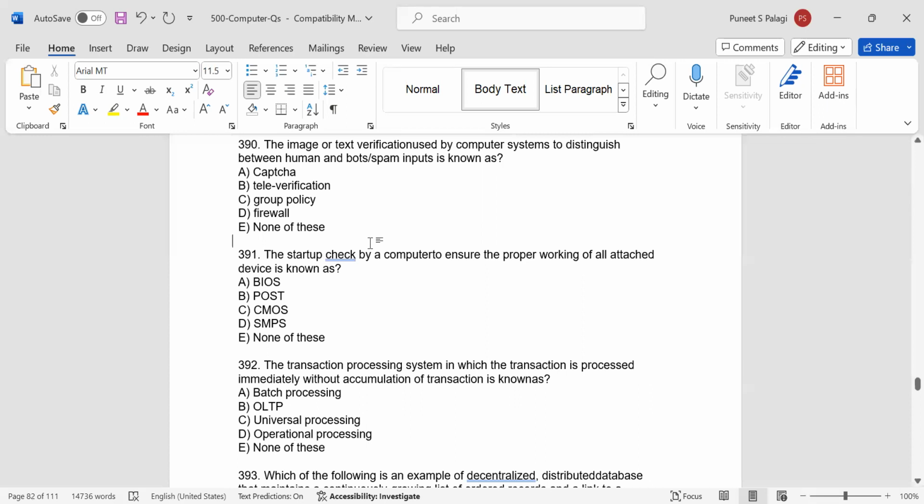The image or text verification used by computer systems to distinguish between human and bots input is known as. It is CAPTCHA.